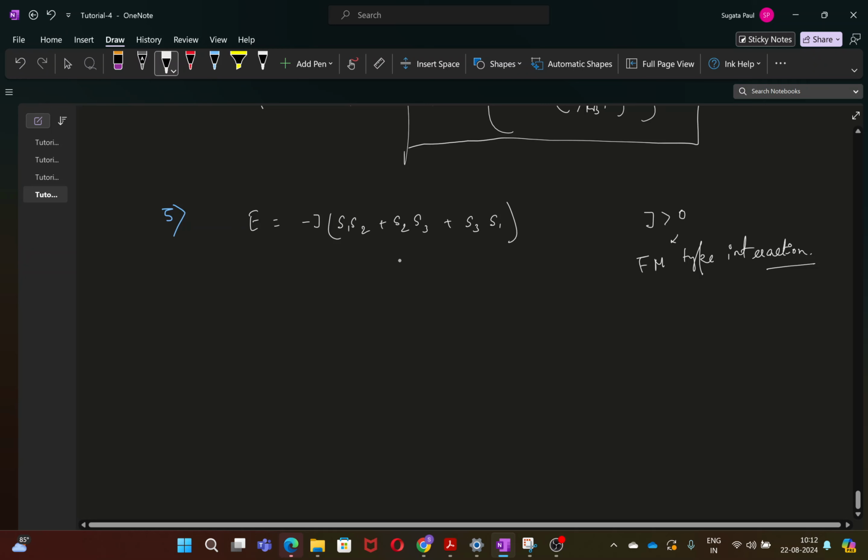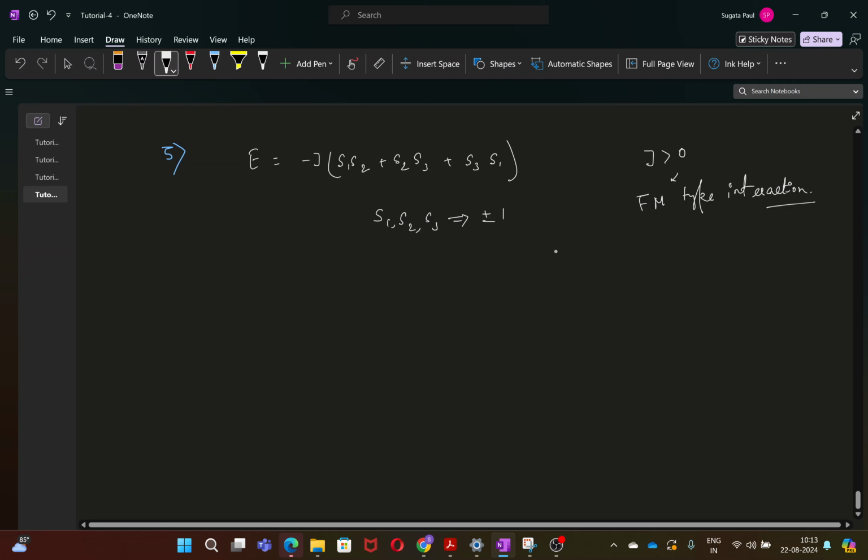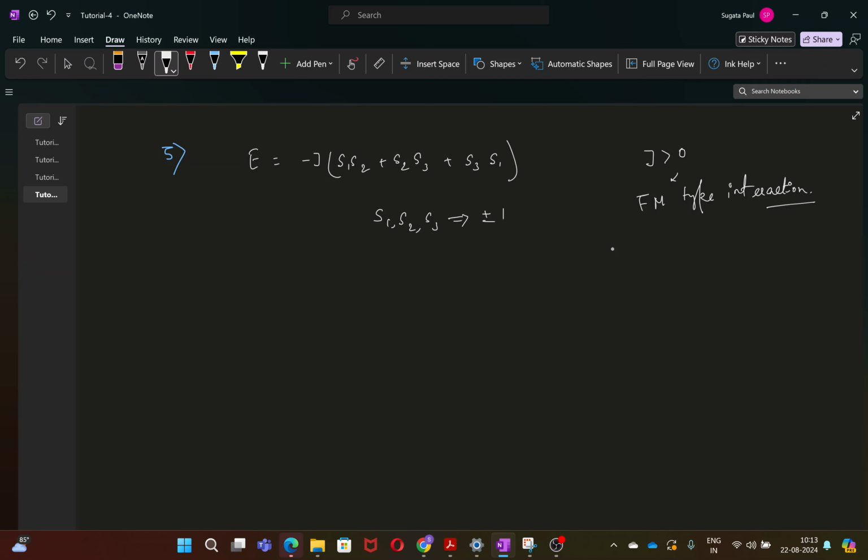For this case, it is also the information available to you that S1, S2, and S3, each of them can take only two possible values of spin, either plus 1 or minus 1. So if J is greater than 0, then you know that the minimum energy state will be when the spins are all parallel to each other.